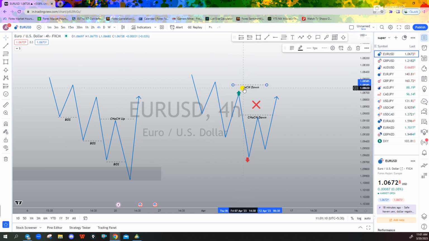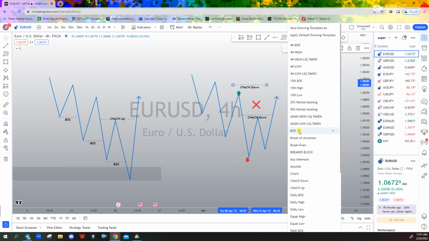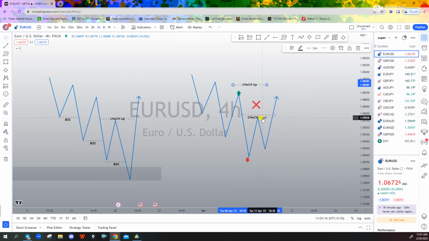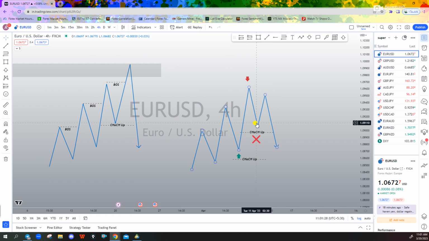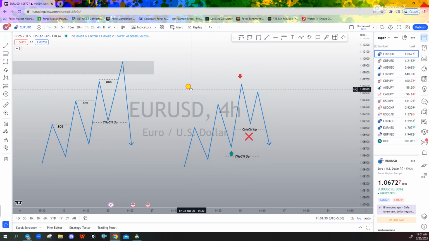Just consider that. I'll change it anyway. This is the Choch up, and this is another Choch up, right? Just the opposite. If the point of interest is on the downside, you have to look for the opposite, right? Nothing complicated. Now let me take you down to the lower time frame.